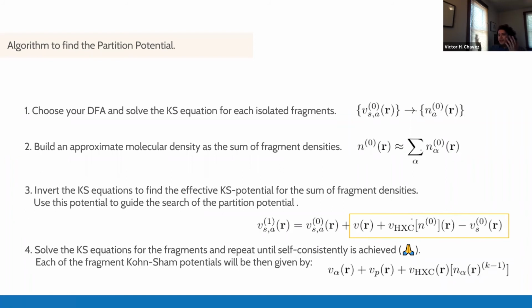So right now, if I tell you that the objective is to have linear scaling, the fact that I still have this inversion procedure, of course, makes that not possible.